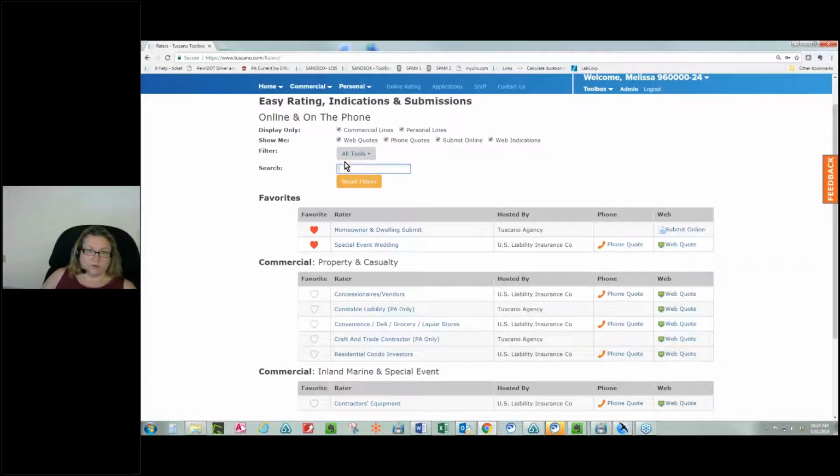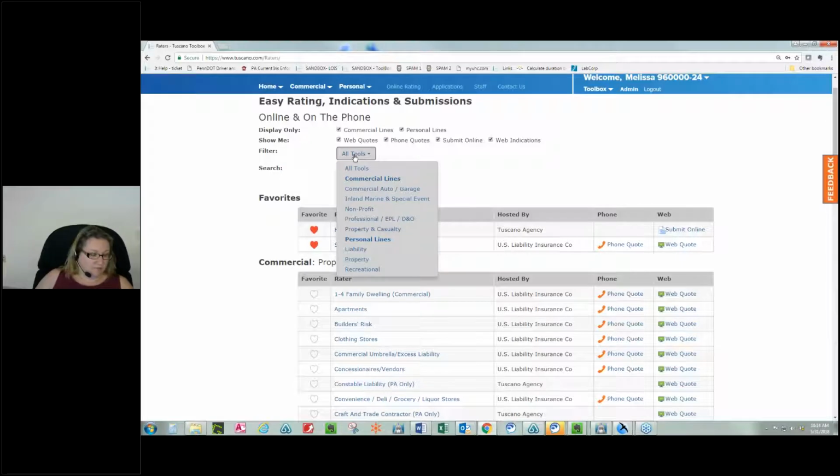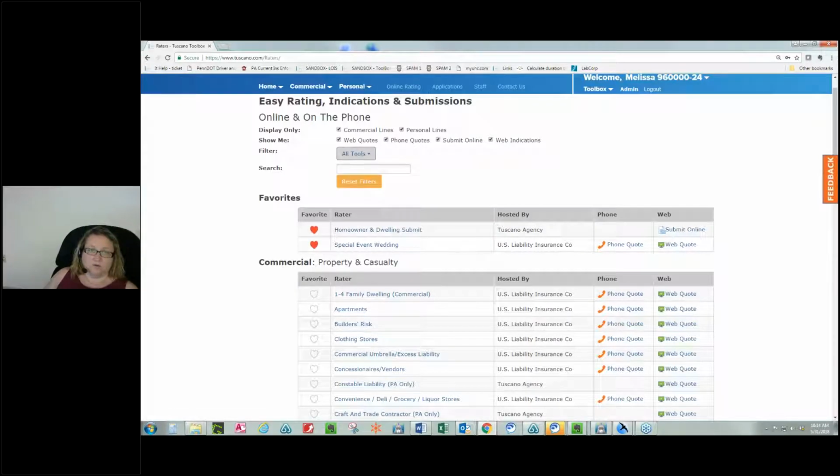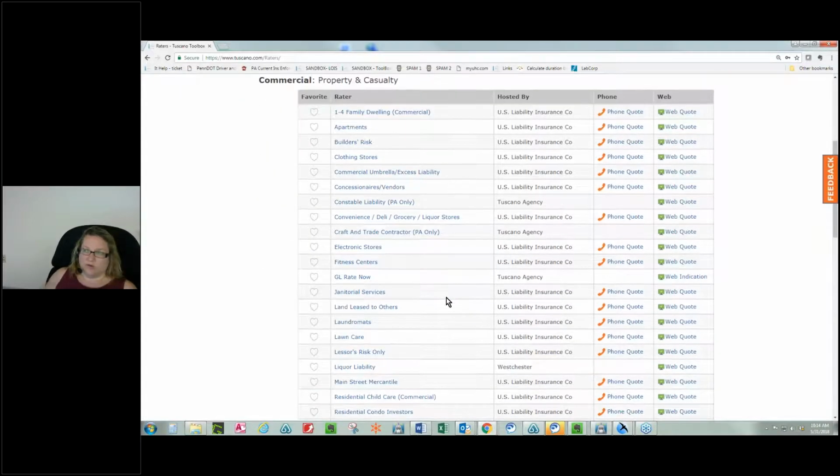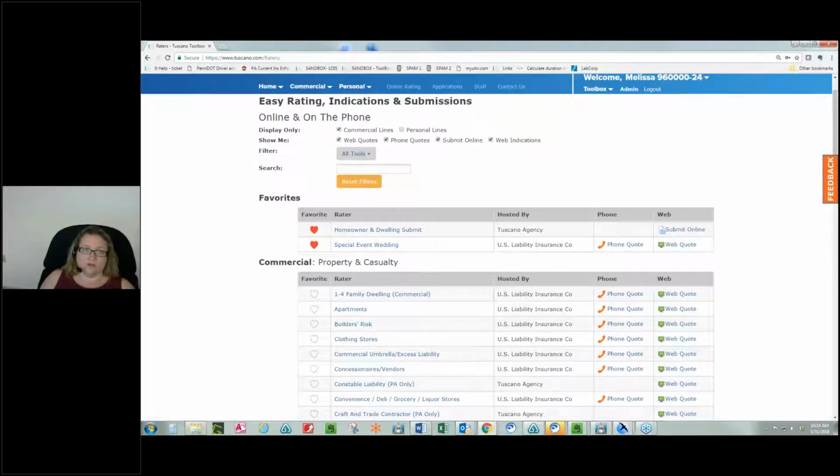You name it, we can probably find a way to write it. Some of them can be written in the admitted market, and we have the non-admitted market to write anything that's a little more complex, like demo derbies and things like that that go to the non-admitted markets.